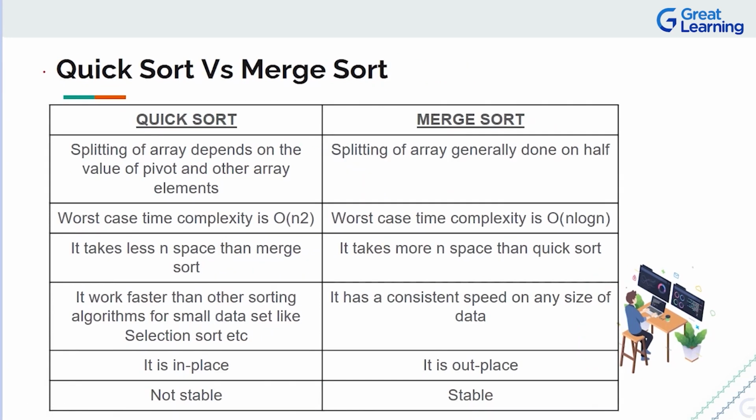Now let's try to compare quick sort with merge sort. So we know that in merge sort, every time we are reducing our problem into half, right? So we have first 4 elements, then we have 2, then we have 1, then we merge them. So every time we are splitting our array. That will not be the case in quick sort.